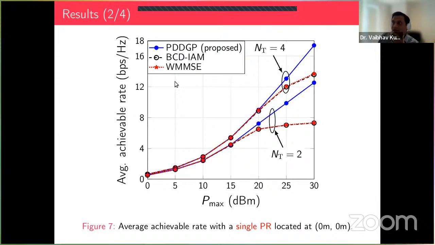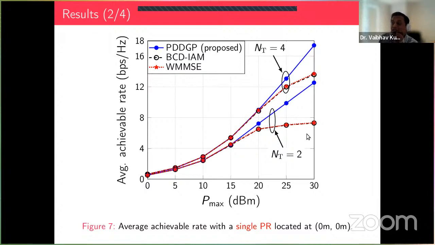So here is a result where BCD IAM is the first paper, and WMMSE is the second paper that I was discussing, which use the WMMSE approach. What you see is, when we have a smaller transmit power budget, all of the algorithms, the blue one being the proposed method, perform very similarly. When the value of Pmax, the maximum transmit power budget, increases, our algorithm starts performing better.